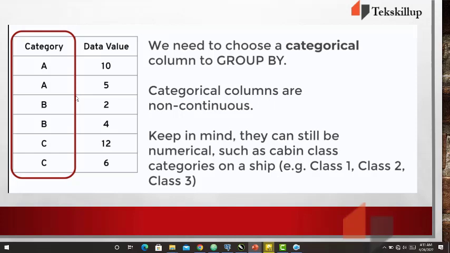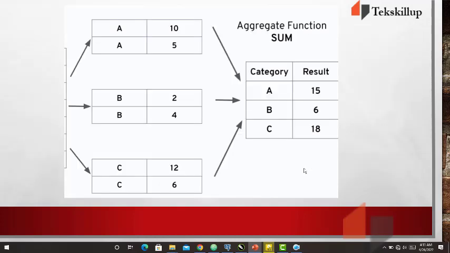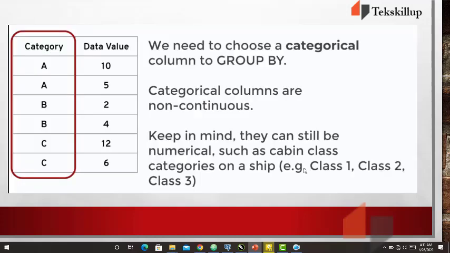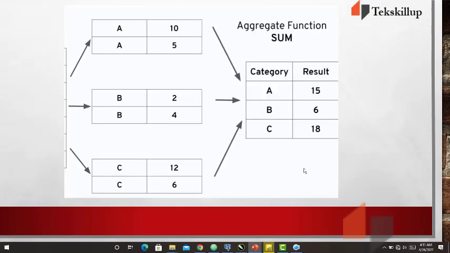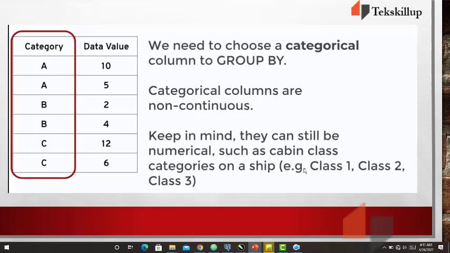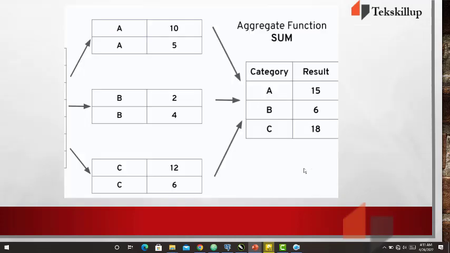Please take note of this key point. And let's say, for example, that we may have something like cabin class categories on a ship. For example, we have class 1, class 2, and class 3. Right, if we happen to check this table here, and then when we apply the group by, this is what happens behind the hood. First of all, it sorts out the column.